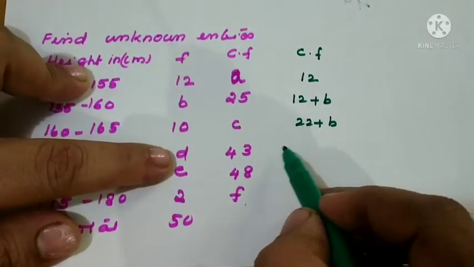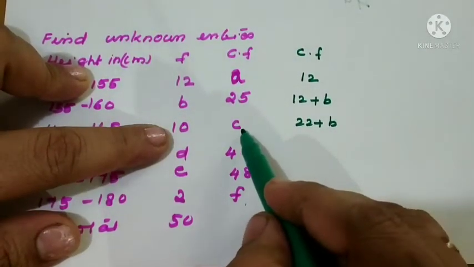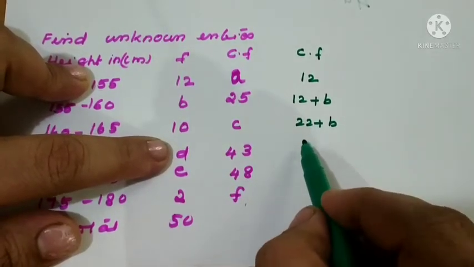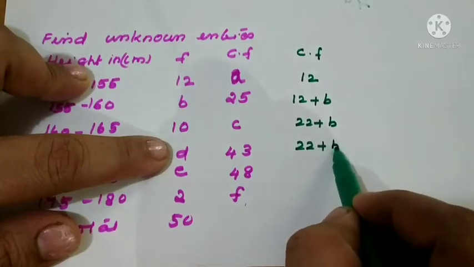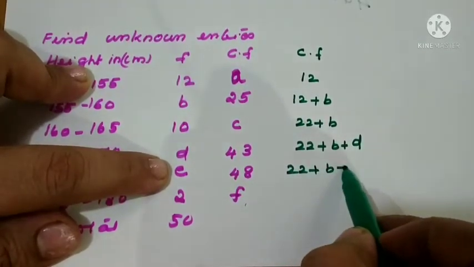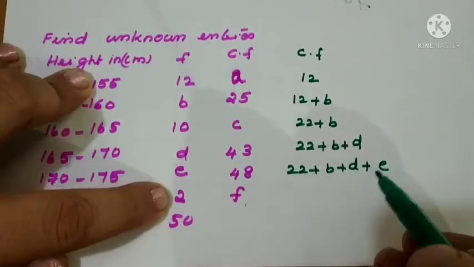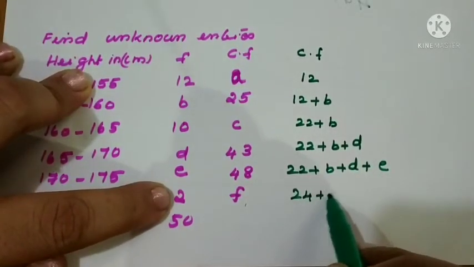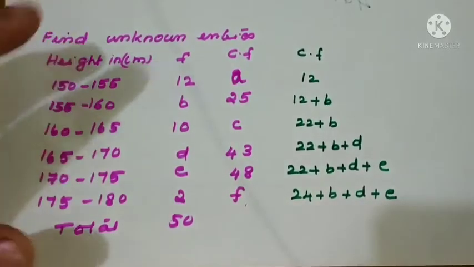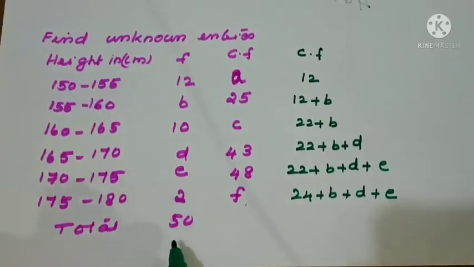Next 22 plus b plus c, or we can write 22 plus b plus d, next 22 plus b plus d plus e, next 24 plus b plus d plus e, right? So 24 plus b plus d plus e equal to 50 only.